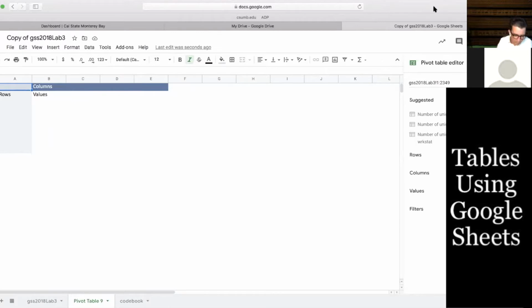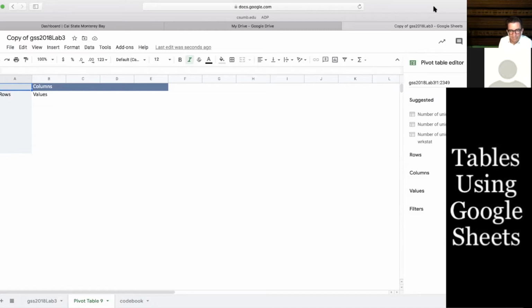So we said that we want to look at happiness. We think that your marital status has an impact on your happiness, right? So the dependent variable here would be our happiness, and the independent would be the marital status, right?